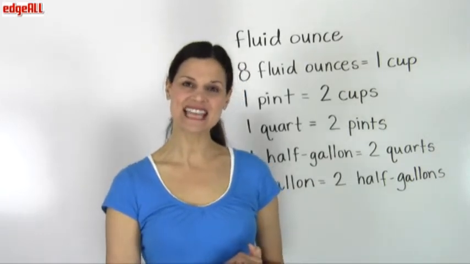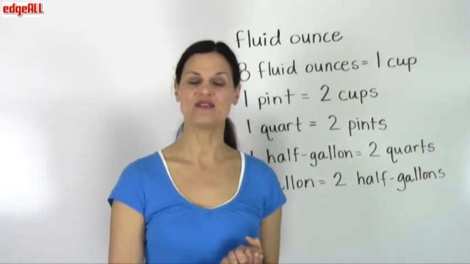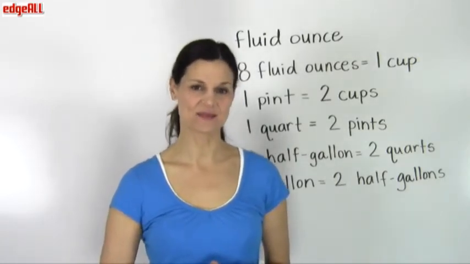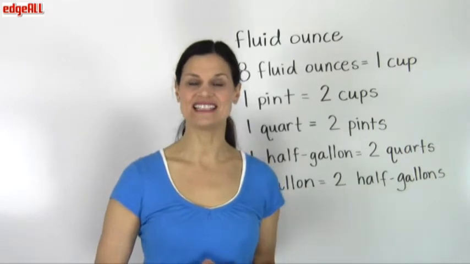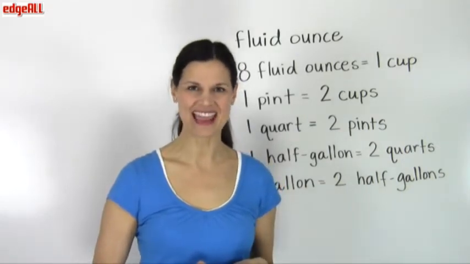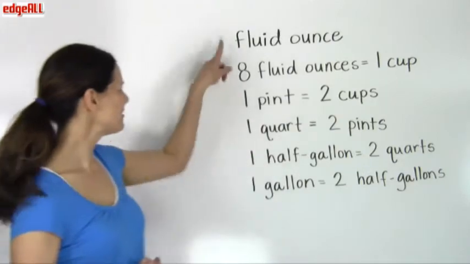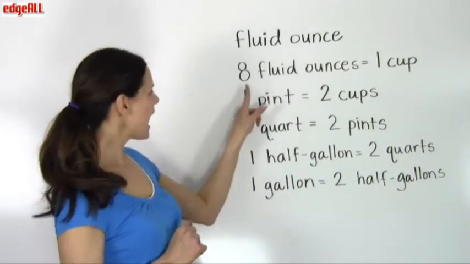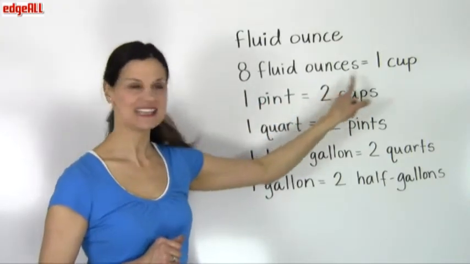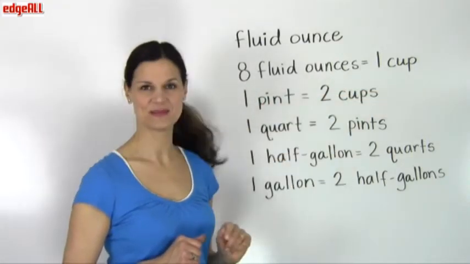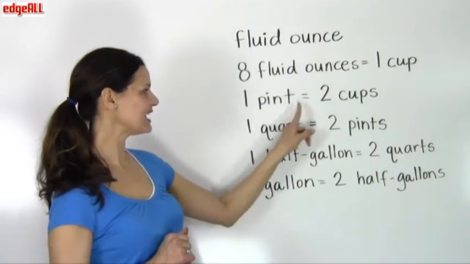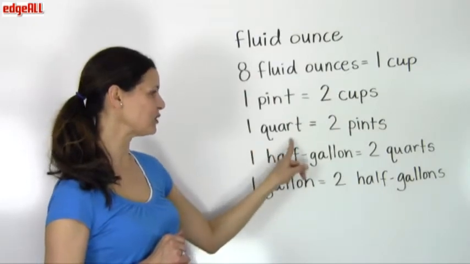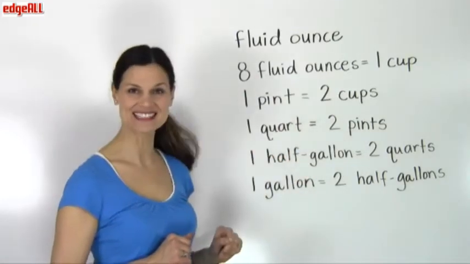In the United States, the base unit for capacity for measuring volume is the fluid ounce. Larger units are defined then by multiples of 2 and 8. Let's take a look. We've got the basic measurement of 1 fluid ounce. 8 fluid ounces is equal to 1 cup. 1 pint equals 2 cups. 1 quart equals 2 pints.